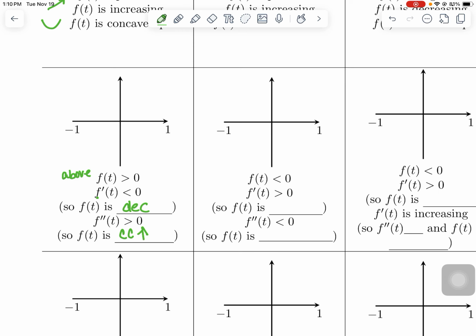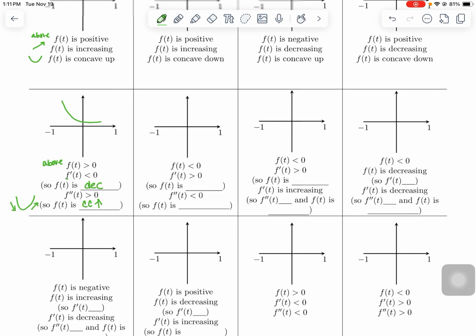So now we're looking for a function above, decreasing, and concave up. So concave up, whoops, that's not concave up. Concave up looks like this. Part of it is decreasing, part of it is increasing. So we're looking for the decreasing, concave up, above the x-axis.